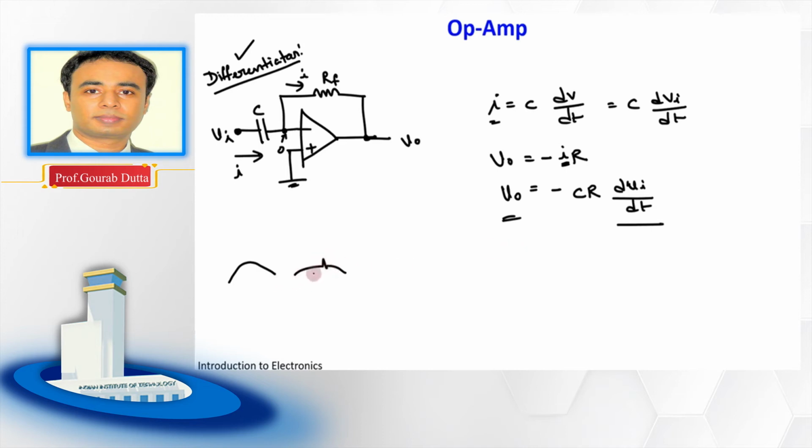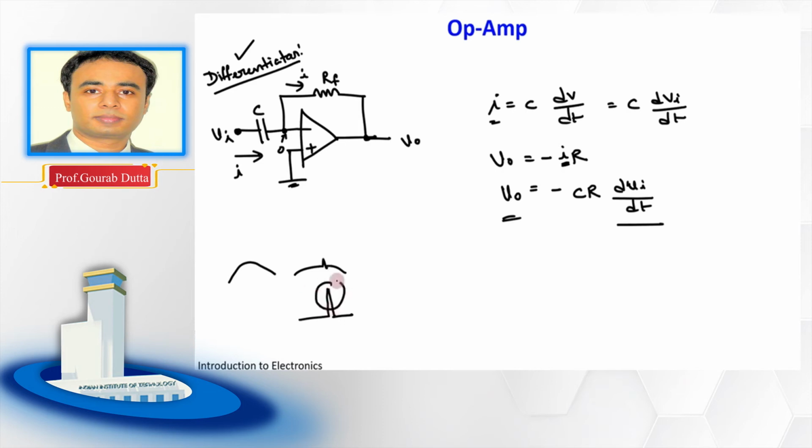The differentiator basically gives you the slope, and compared to the expected slope, the slope here is very high. As a result, at the output you will get a very large spike due to the presence of this noise. So please remember that differentiator circuits are more susceptible to noise compared to the integrator circuit that we discussed just some time back.